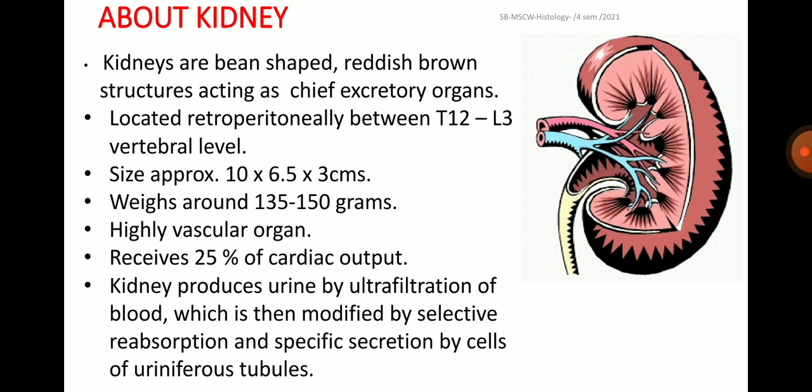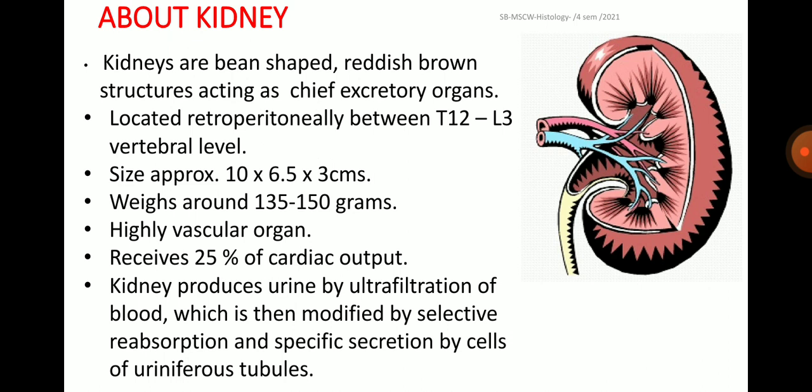They are retroperitoneal in position, that is, they lie between the dorsal body wall and the parietal peritoneum in the superior lumbar region. They extend approximately from the level of the 12th thoracic vertebra to the 3rd lumbar vertebra. Thus, the kidneys receive some protection from the lower part of the rib cage.